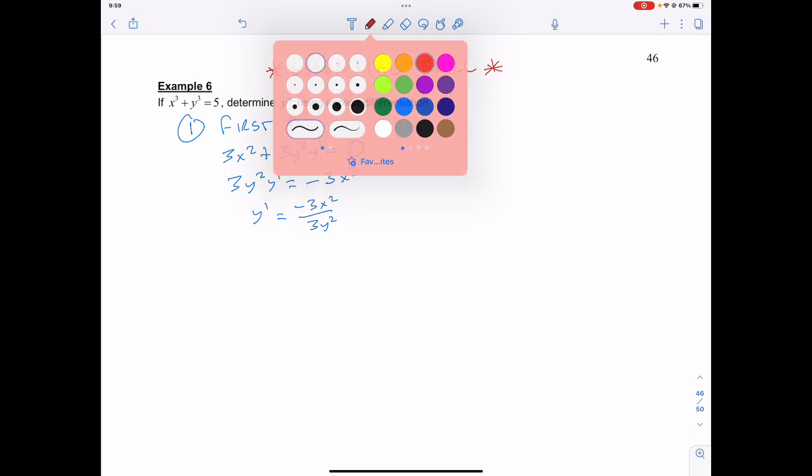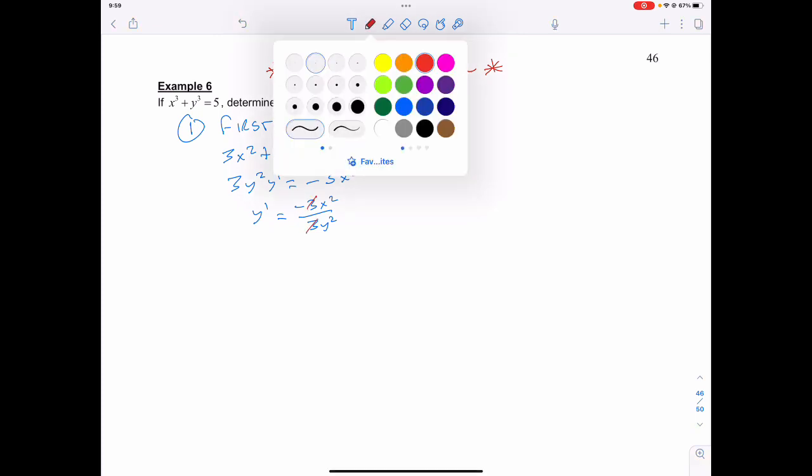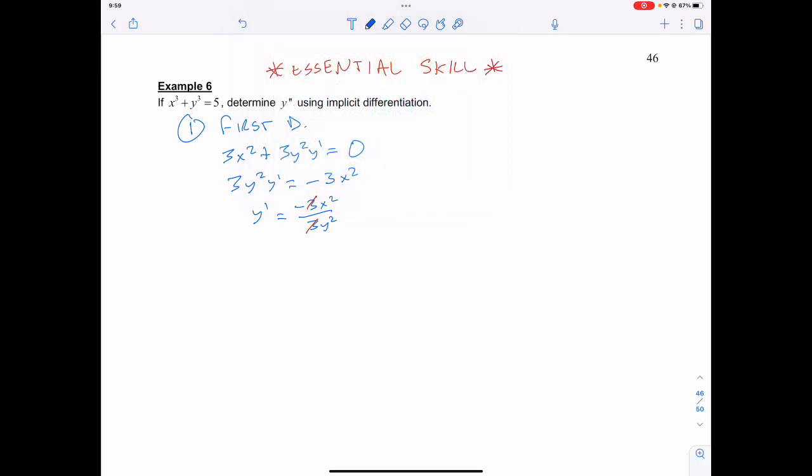And the 3's are going to cancel out. And I'm just going to wind up with negative x squared over y squared.